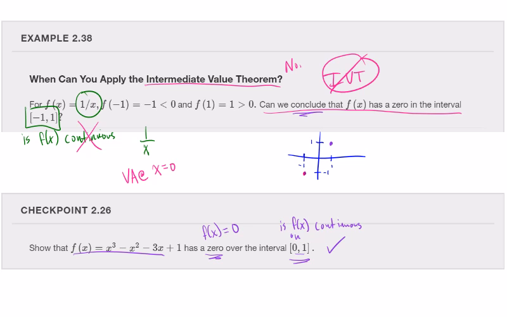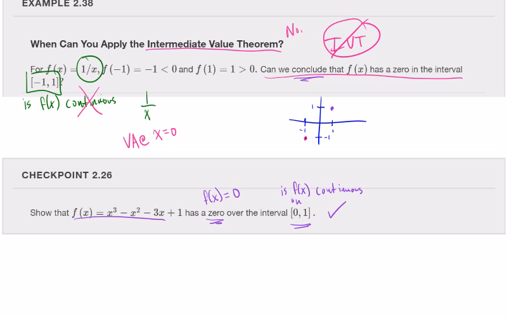If not, then you might have to investigate between 0 and 1 and find some values in between. So let's find f of 0. If you plug in 0 to a polynomial, and you don't have to show all this work, you're just going to get the constant, because all these terms go to 0, and all you'll get is 0 plus 1, which is 1. So f of 0 equals 1.